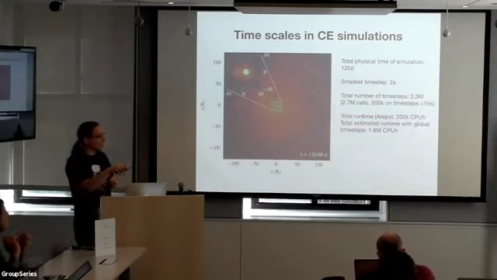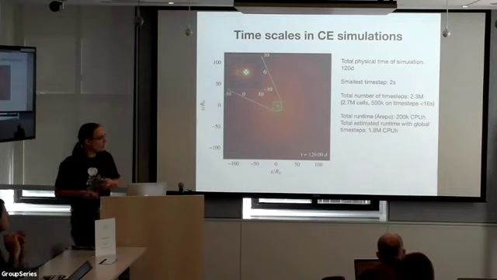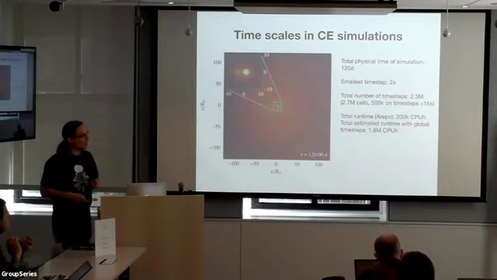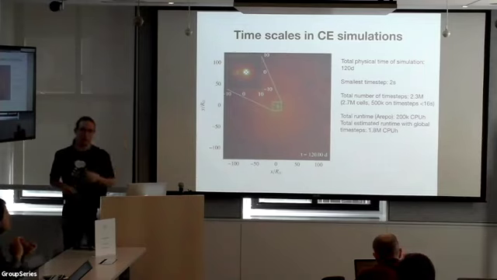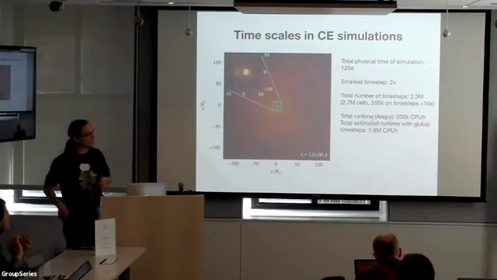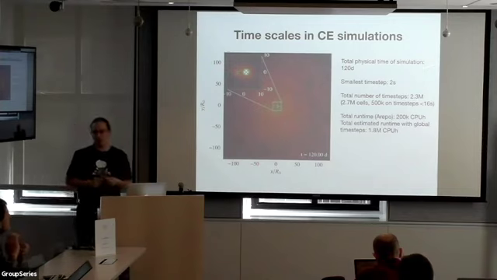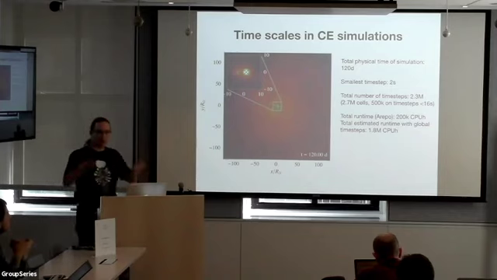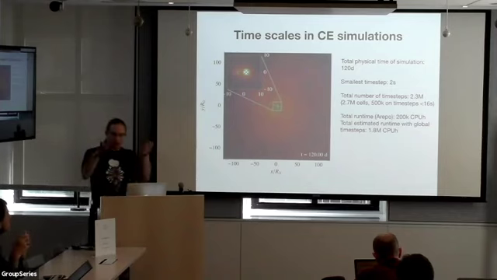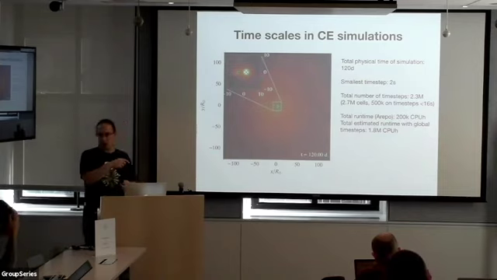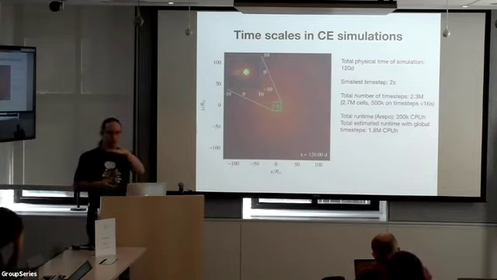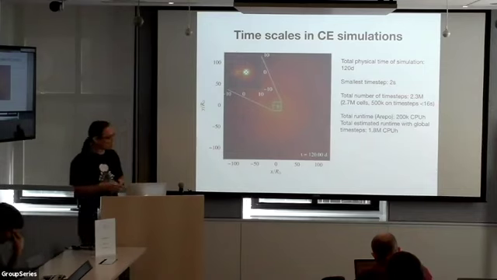If we do a rough estimate of how much we save, and we evolved all cells on the smallest time step in the simulation, roughly these 2 seconds, it would be roughly a factor of 10 more expensive. Because the time hierarchy and the spatial hierarchy are so deep in these simulations, you can gain a lot from not using just one global time step.